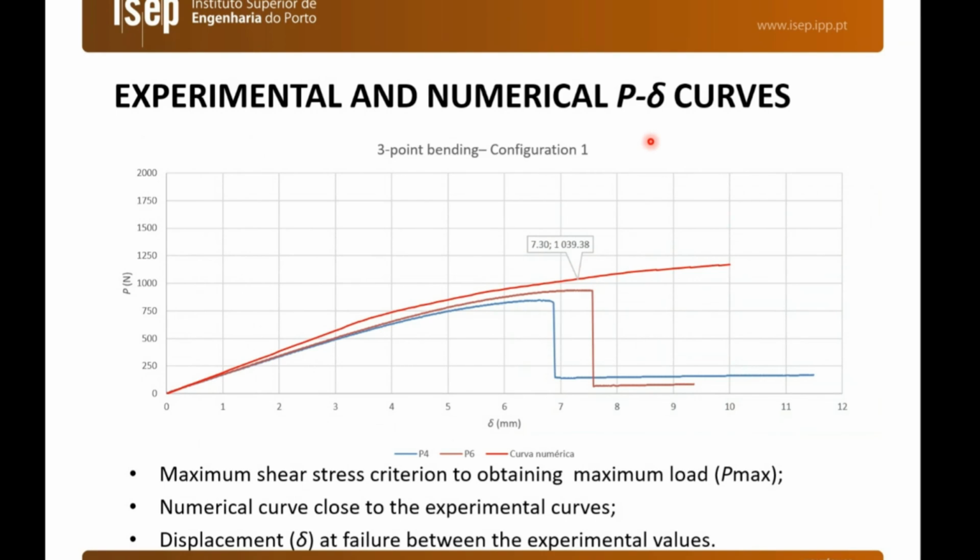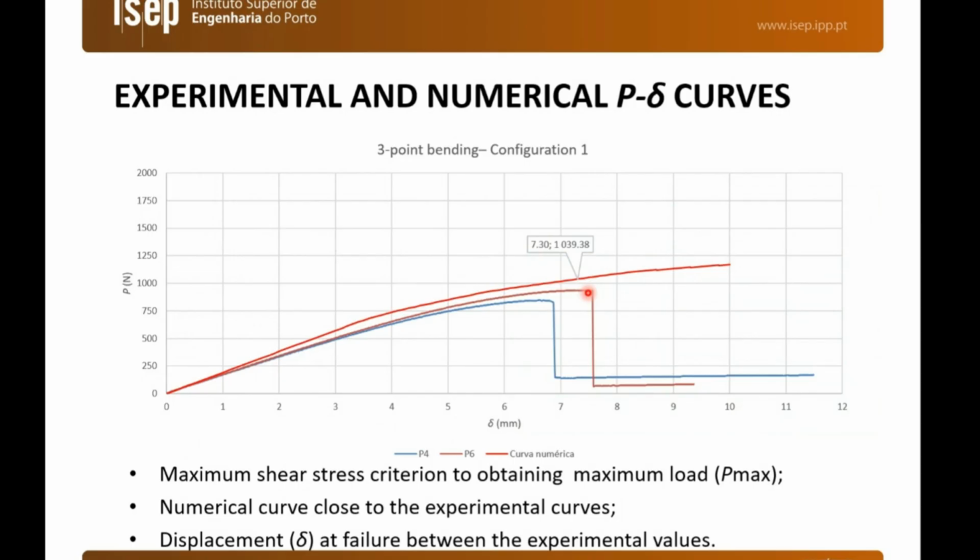In this case, we have 2 specimens, experimental and the numerical curve, and we were able to see that between the 3 criteria, the one that triggered failure first was here in the core. So this was the limiting factor, and at this point we have the prediction for the maximum load that we can compare to the 2 experimental specimens that we have in the graphic.